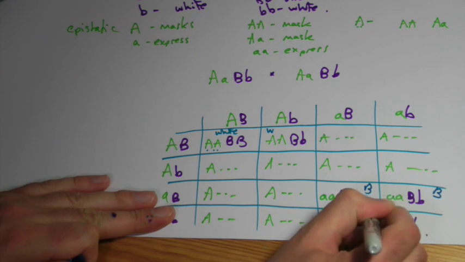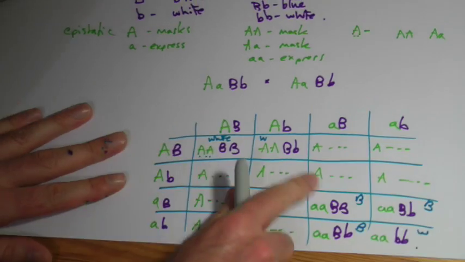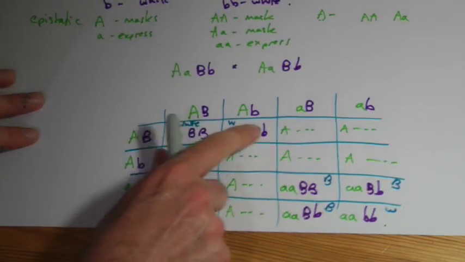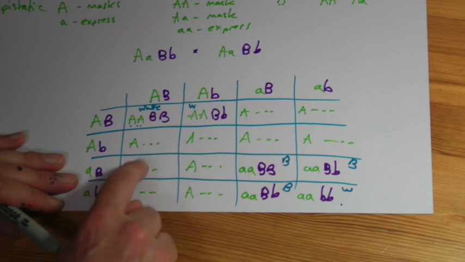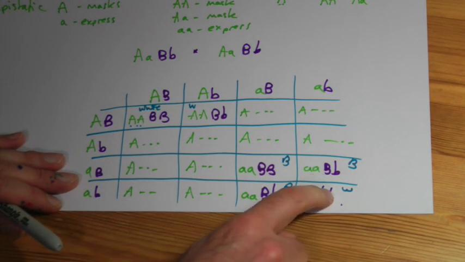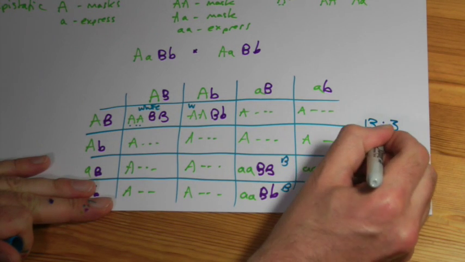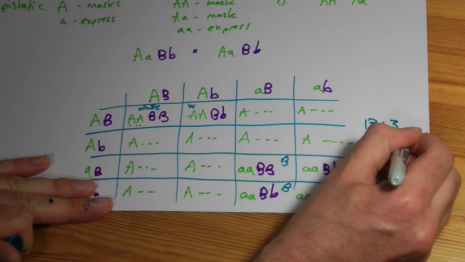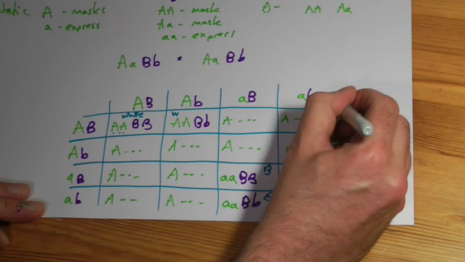Blue, blue, blue, and white. Okay. Now, if in this case this completely stopped it from expressing, I would now have 1, 2, 3, 4, 5, 6, 7, 8, 9, 10, 11, 12 whites plus that white, which gives me a 13:3 ratio of white to blue.